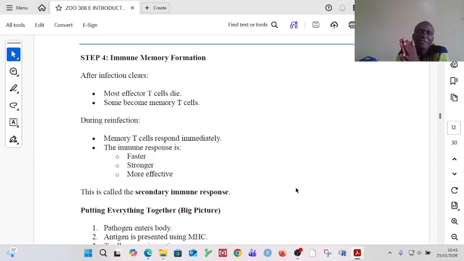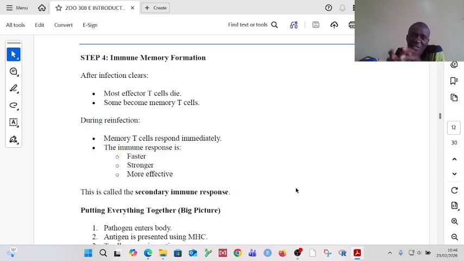Then the fourth step is now the formation of the immune memory. After the infection, after the abnormal cell has been cleared, some of the T cells will not die.